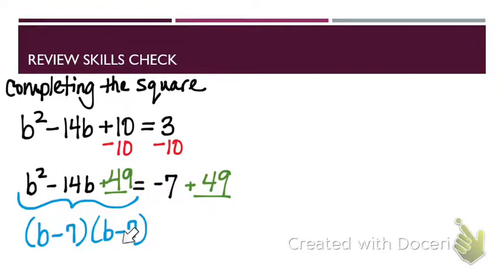Now, whenever we have something written twice in mathematics, we don't write it twice. We say b minus 7 squared. So what we have here is b minus 7 squared, and that equals, adding this in your calculator, -7 plus 49, you should get 42.